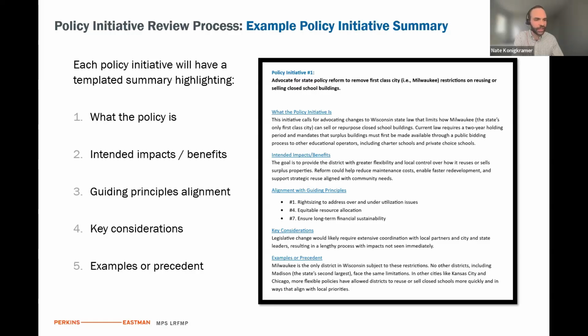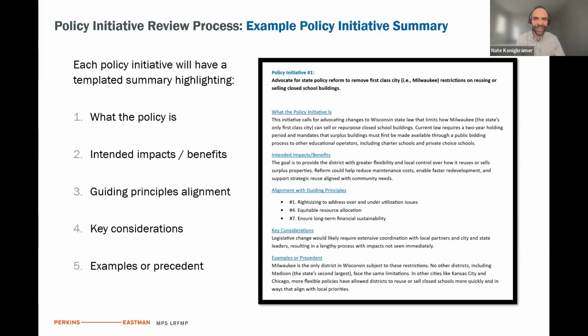What we try to cover on each summary is what the policy initiative is, what we are suggesting, what the intended impacts and benefits are, which guiding principles it aligns with, and what some key considerations are. In this instance, I know we've spoken about this one for a long time, but there's also been the collective acknowledgement that this will not be quick.